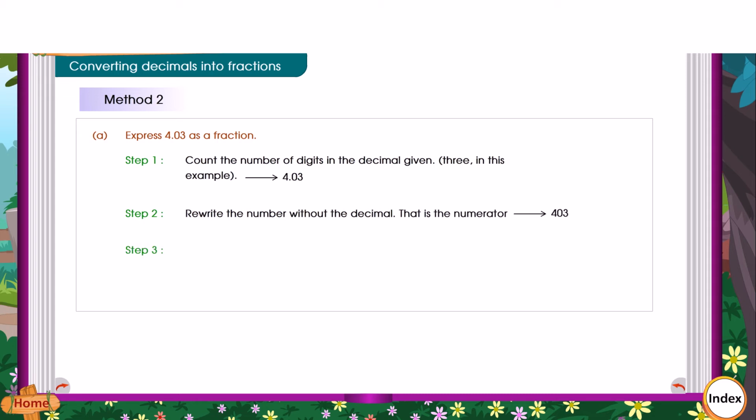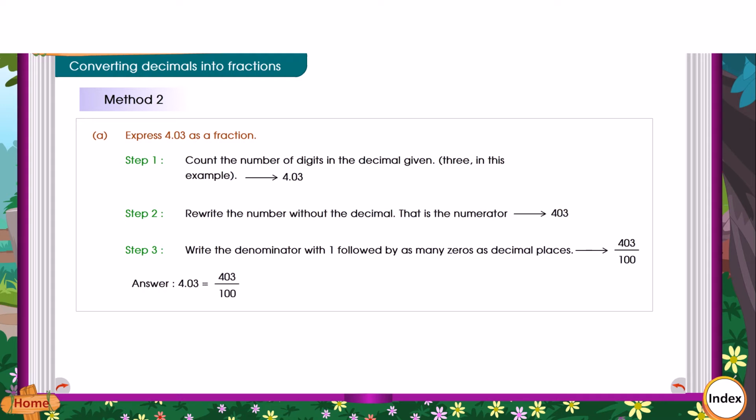Step 3. Write the denominator with 1 followed by as many zeros as decimal places, 403 by 100. Answer: 4.03 is equal to 403 by 100.